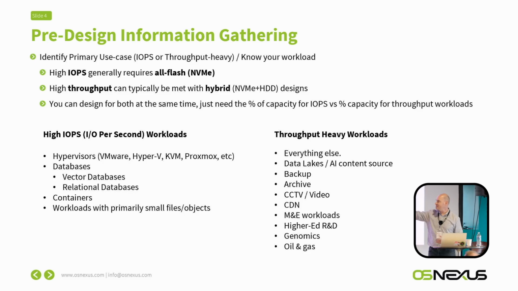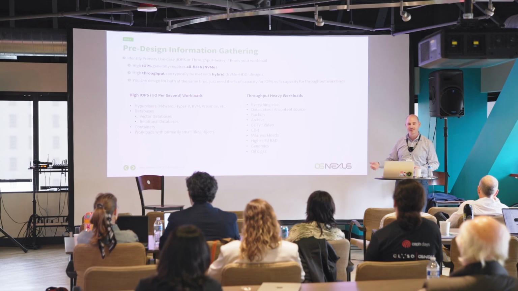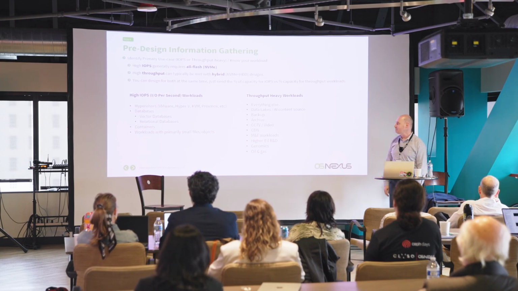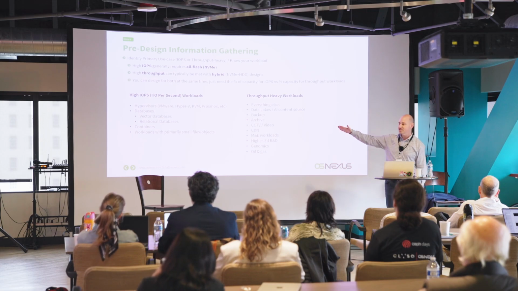If it's not one of those things that's doing a lot of small block I/O, we get to use erasure coding. And so we get to design the cluster to be way more efficient. And this is for backups, archives, CCTV, content delivery networks, most media and entertainment workloads, all the big higher education, big workloads from astronomical data to genomics, and even big things like seismology data that gets collected by oil and gas. So it's really two flavors.